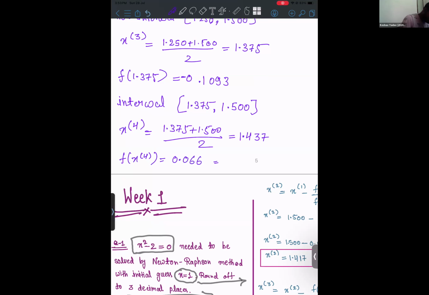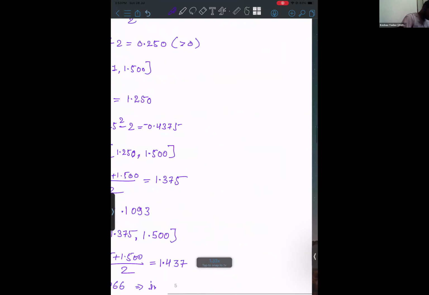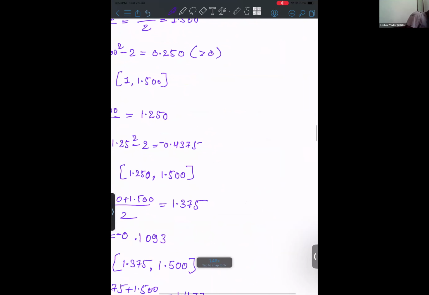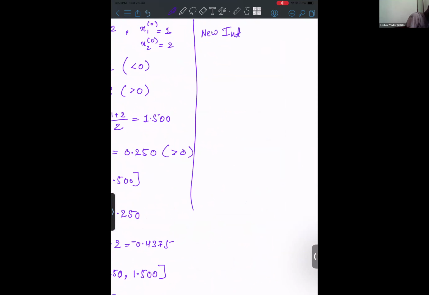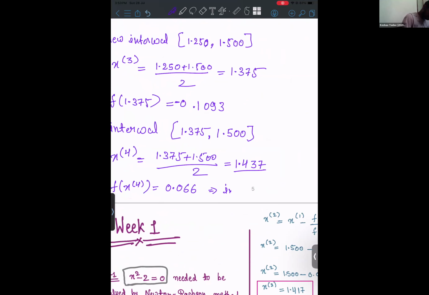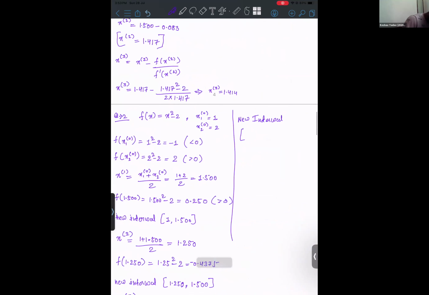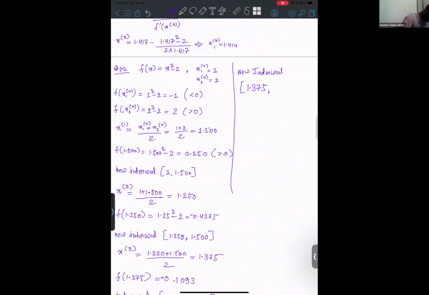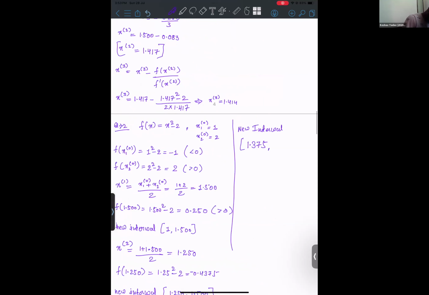So what will be the new interval? This new value will replace the positive one, 1.5. So 1.375, comma, 1.437.